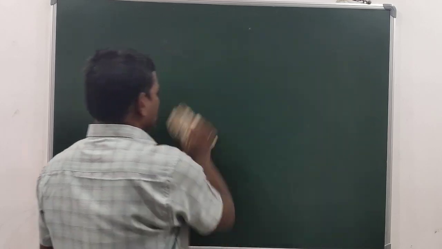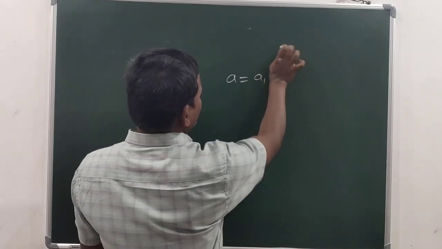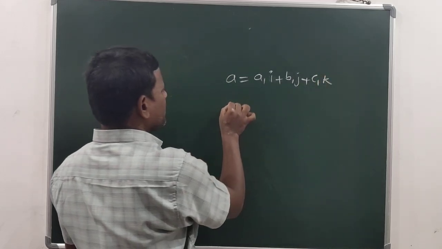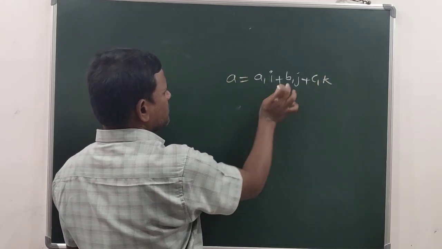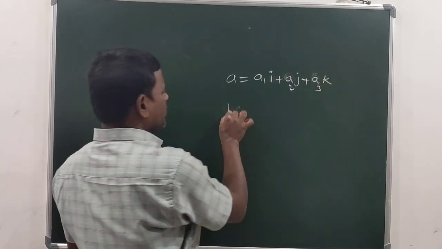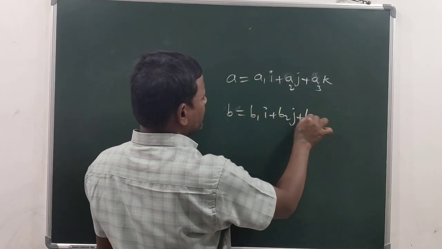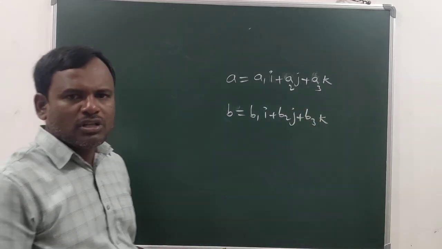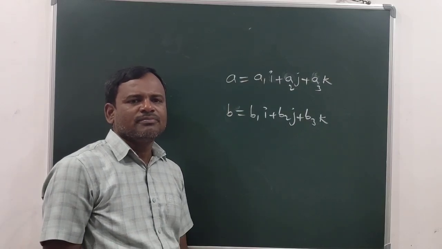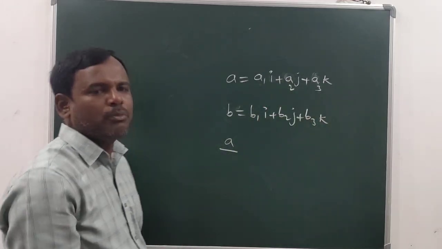See, suppose you take a vector A like this, A1i plus A2j plus A3k, and one more vector B you can take like this, B1i plus B2j plus B3k. If both are collinear, meaning lying on the same straight line, or if both are parallel, then the corresponding coefficients will be proportional.